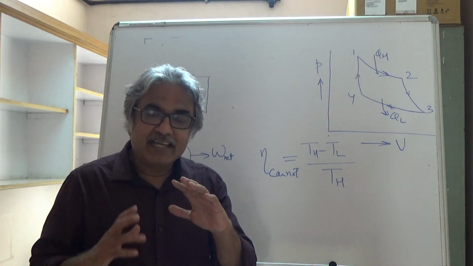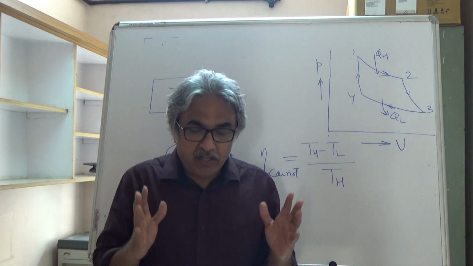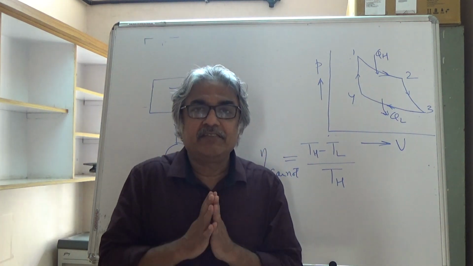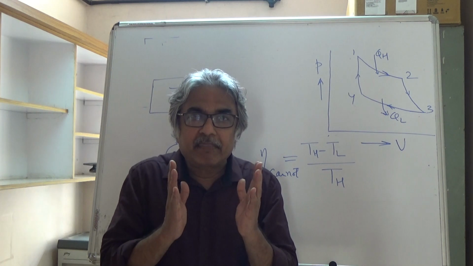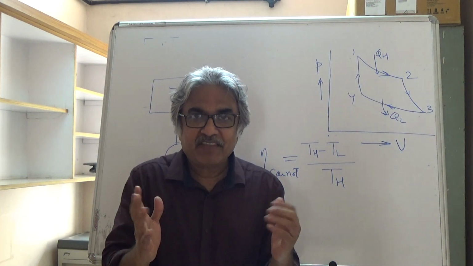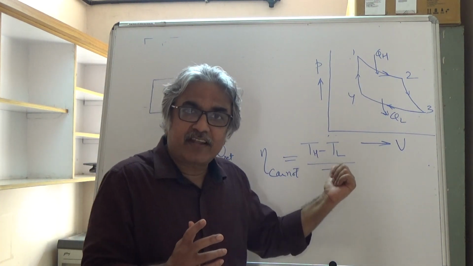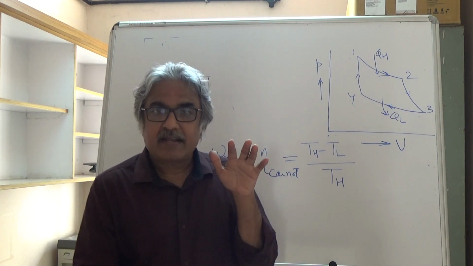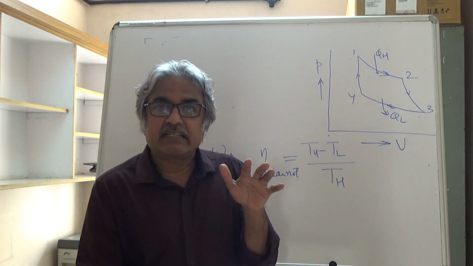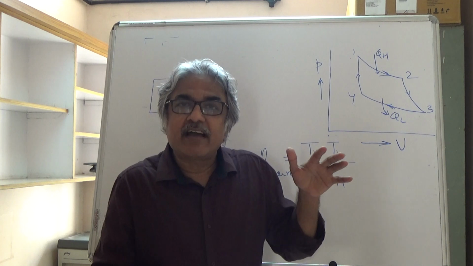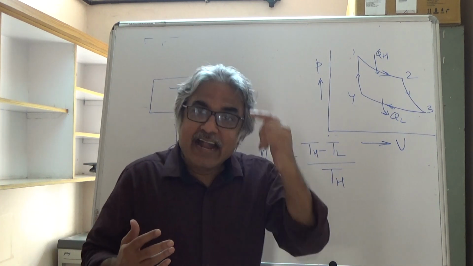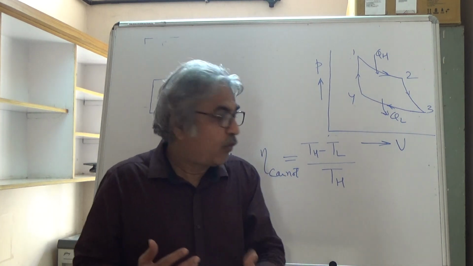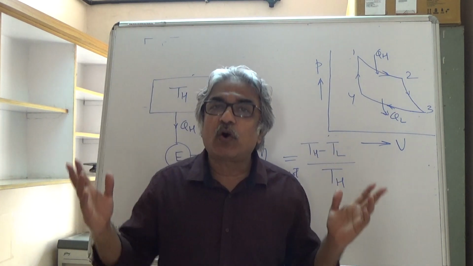Now think about it. I told you that the Carnot engine is an ideal engine, but it's still practically useful. This inference, that the higher the temperature difference between source and sink, the higher the efficiency, is not valid only for the Carnot engine, but for all real engines.